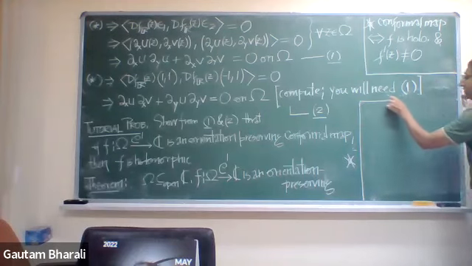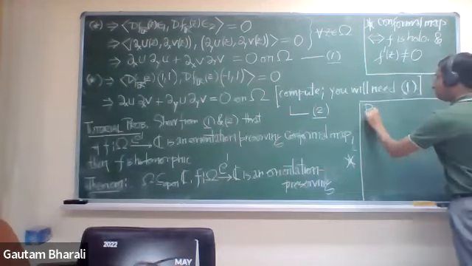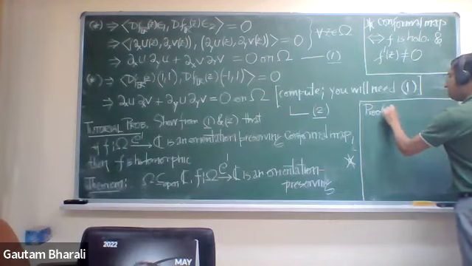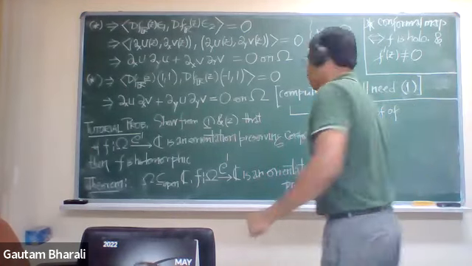And so now the proof is, see, one direction is your tutorial problem. So the tutorial problem is basically the proof of this direction.